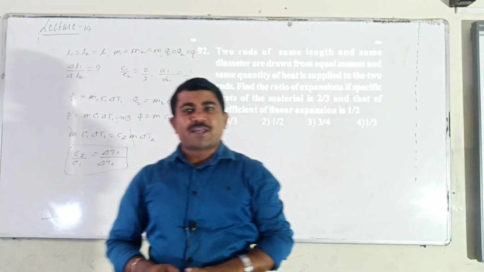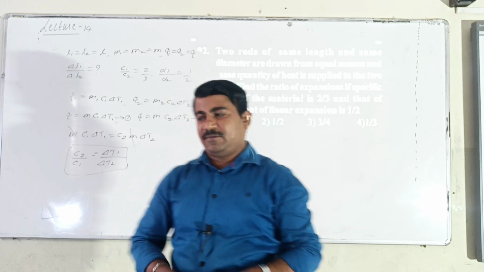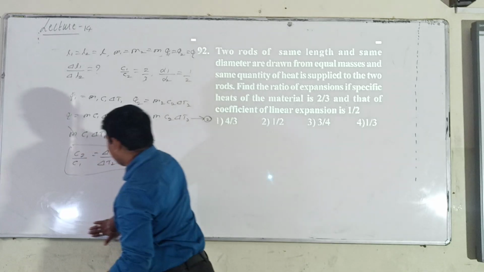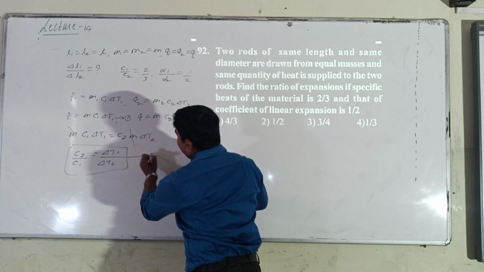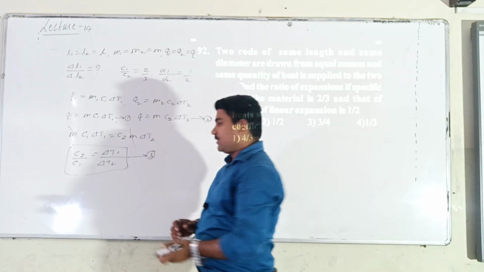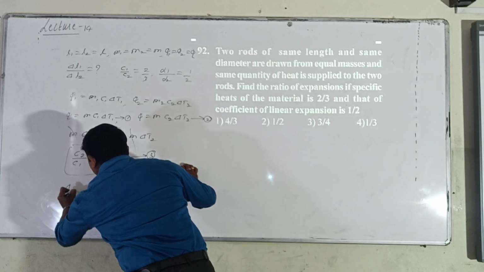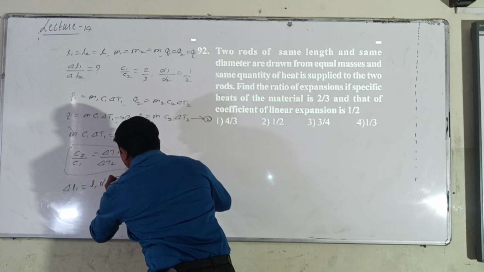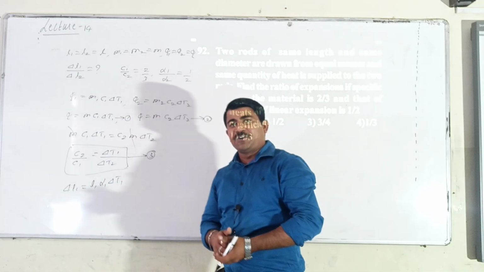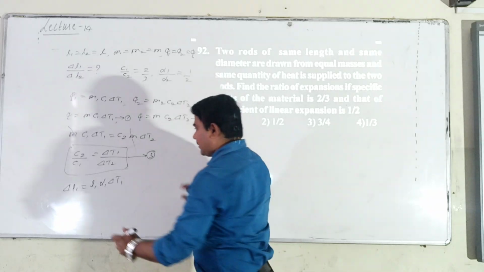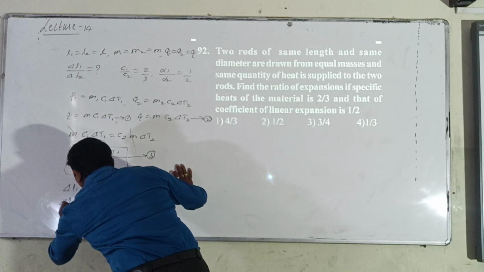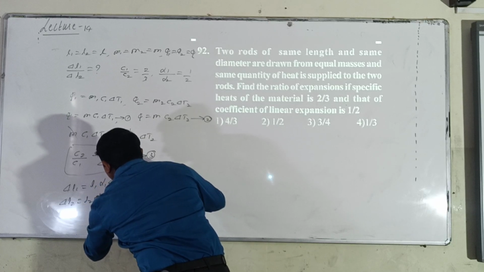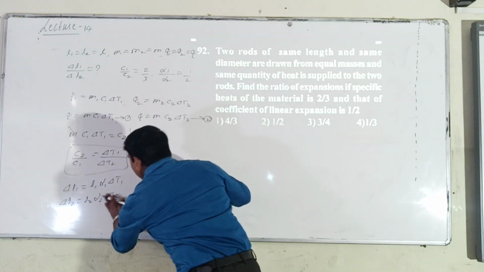But we know the expansion of material 1, when temperature increases, I will call it equation number 3 for my reference. What is del L1? Del L1 is equal to L1 alpha 1 into delta T1. Right or wrong? Again, del L2 for the second material is L2 alpha 2 into delta T2.